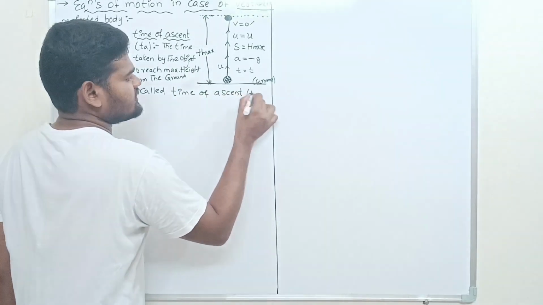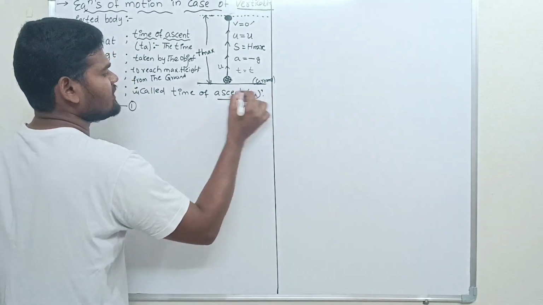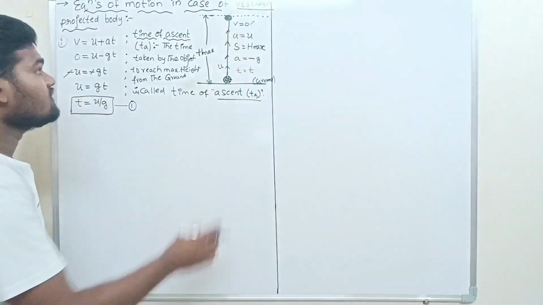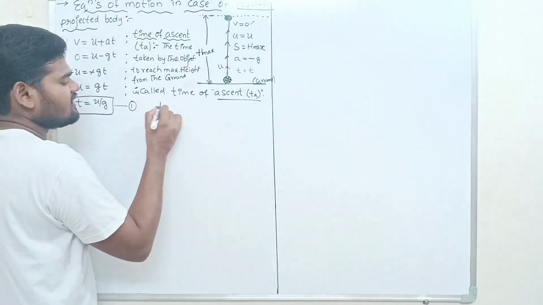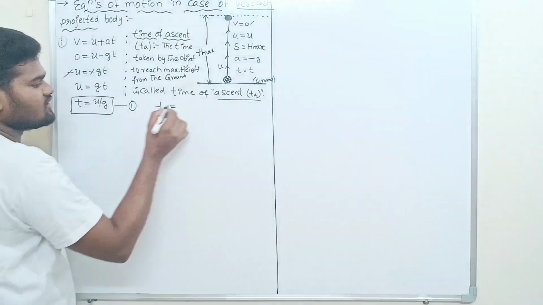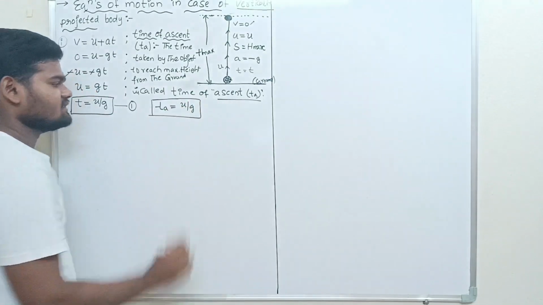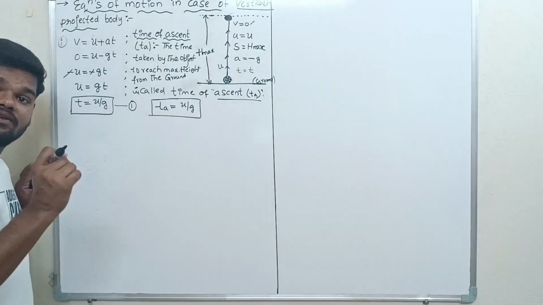This is the ground. So ta means the time taken by the object to reach maximum height from the ground, and we got the value of time of ascent equal to u/g. Just keep it aside.